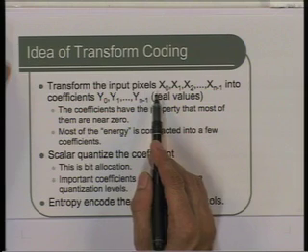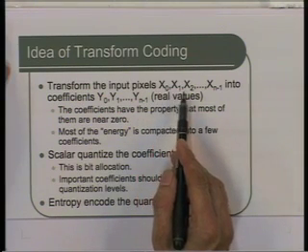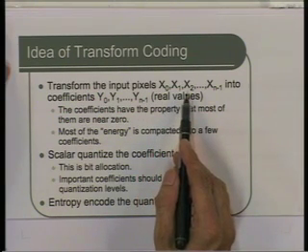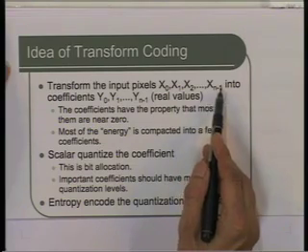So, to put it in a nutshell, the idea of transform coding is as follows. Transform the input pixels x0, x1, x2 up to xn minus 1.